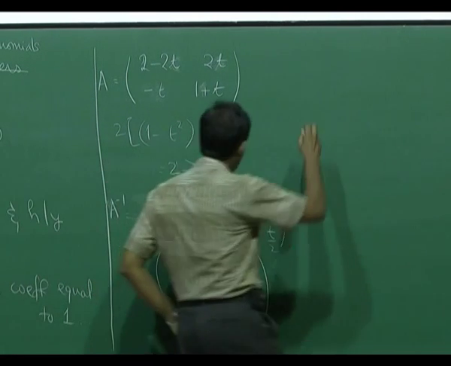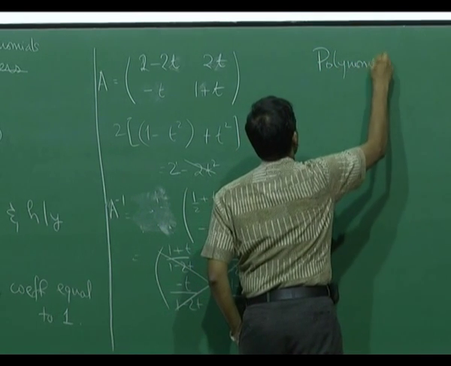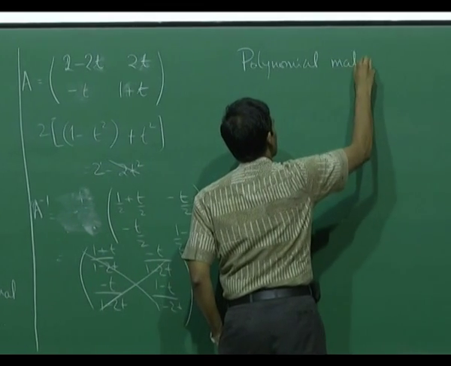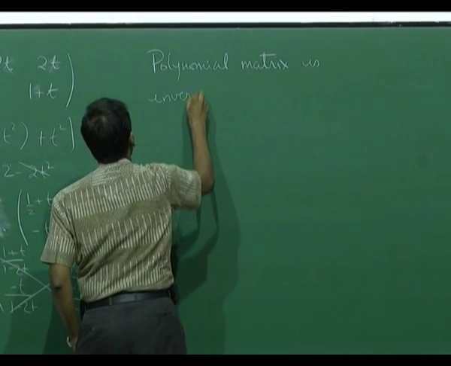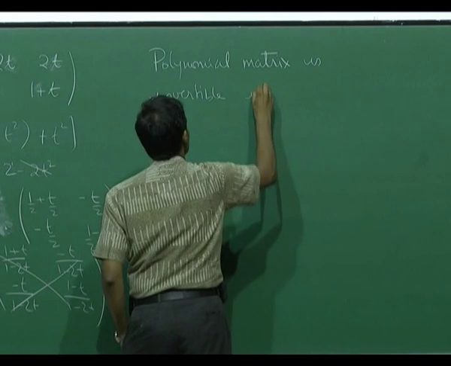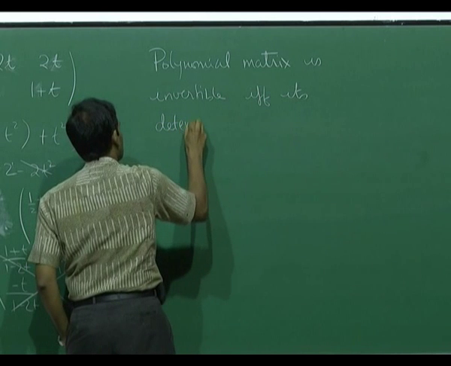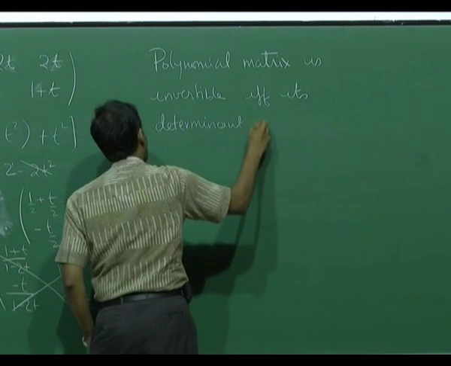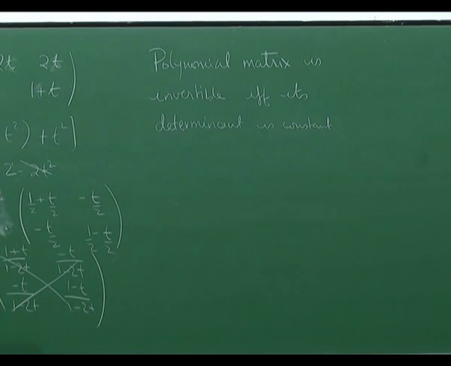So a polynomial matrix is invertible or non-singular if and only if its determinant is constant. I mean, you have to be a little careful here. When I say invertible, I mean its inverse is also a matrix with polynomial entries. If you don't care about whether the inverse has polynomial entries or rational entries, it's fine.